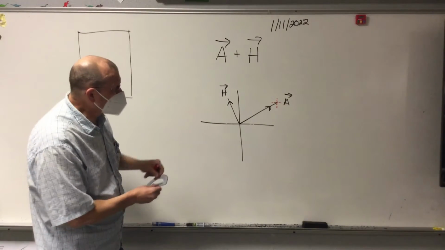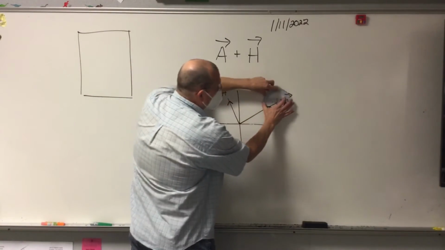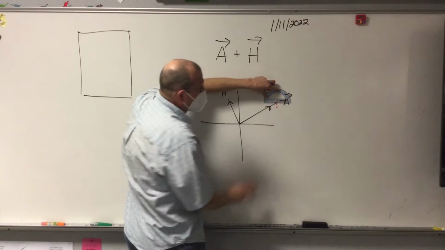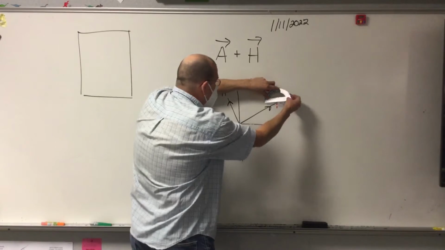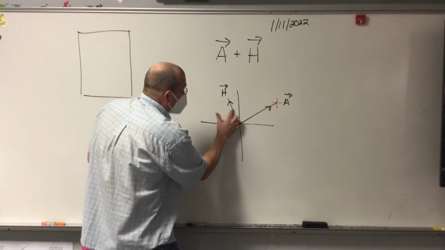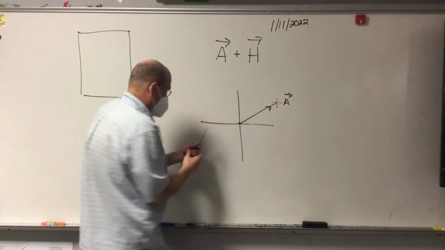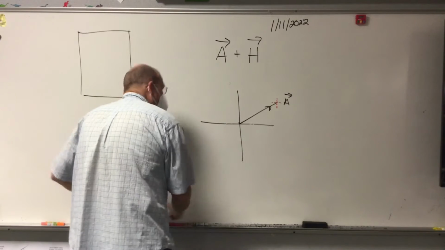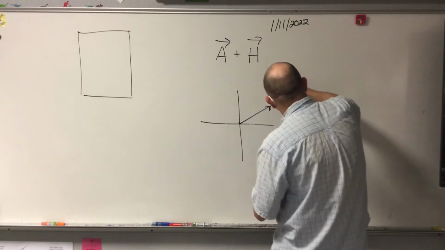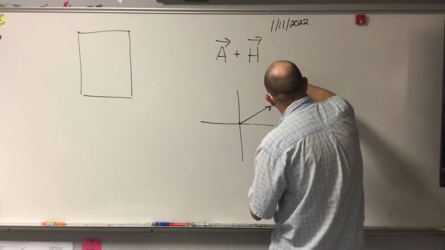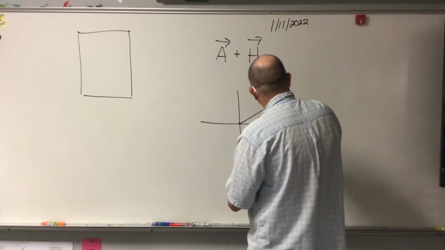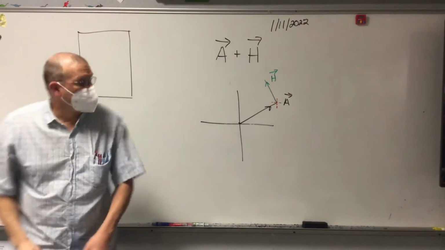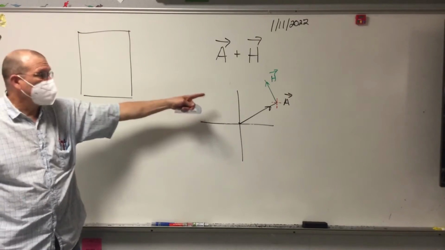So what you're going to do is you're going to come over and use your protractor here at the end of A, and I'll do this in a different color, to draw H. And at least for this problem, you're now done.